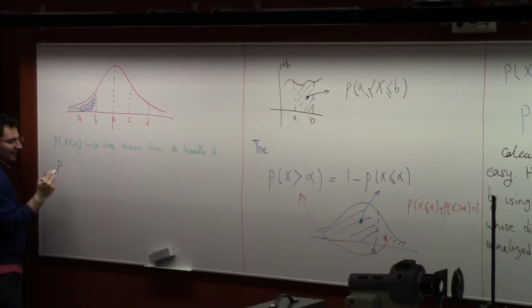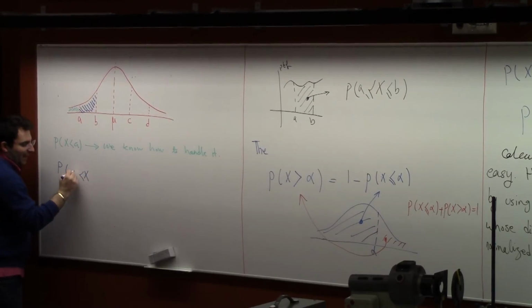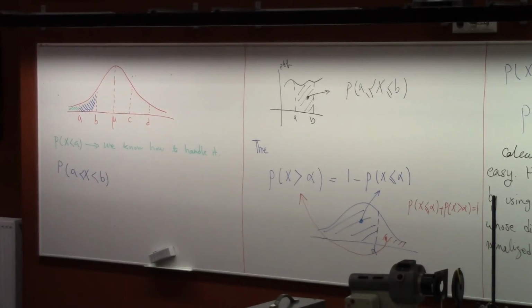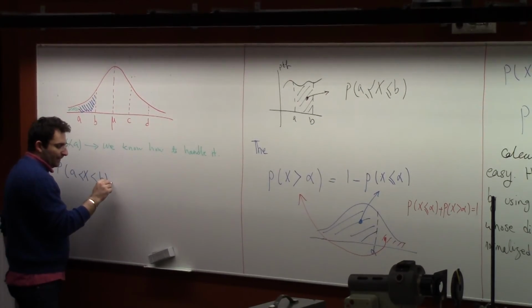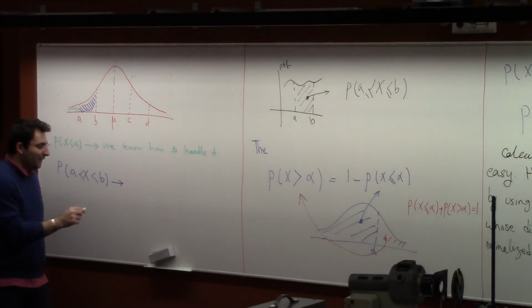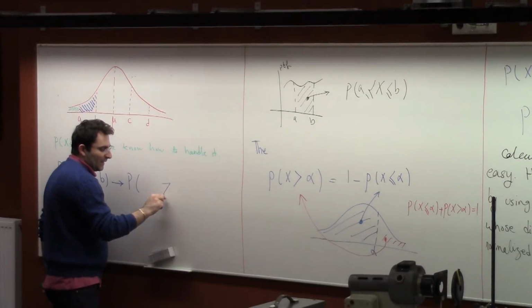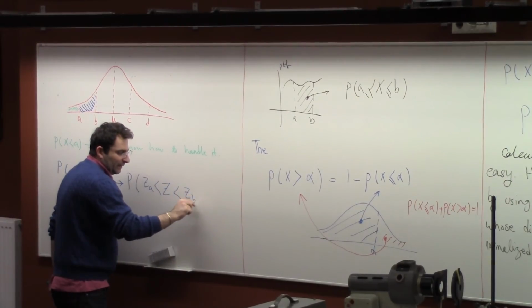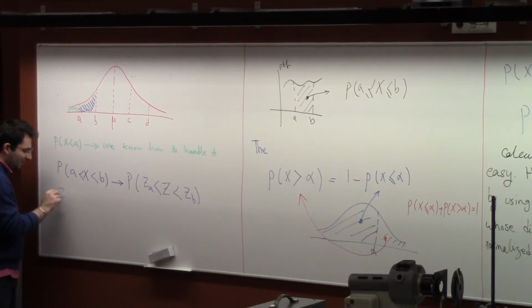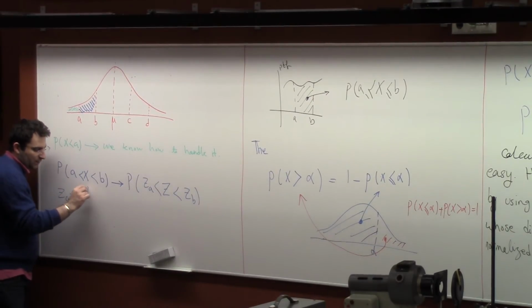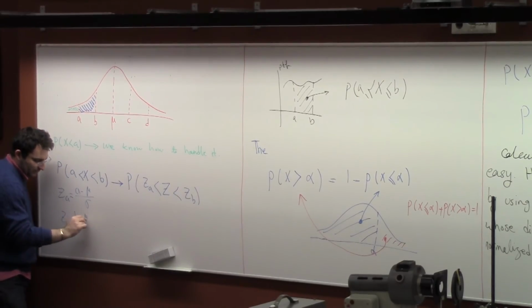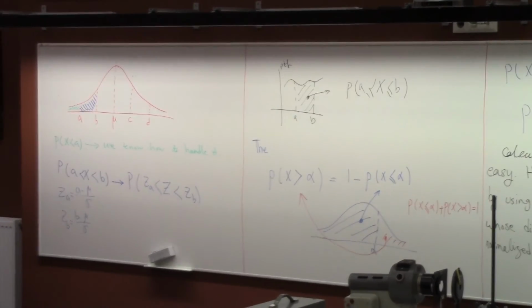What is the probability of x is between A and B? In order to calculate this one, the steps are these. We are calculating the probability of Z between ZA and ZB. So what is ZA? ZA is A minus mu divided by sigma, and ZB is B minus mu divided by sigma, right?